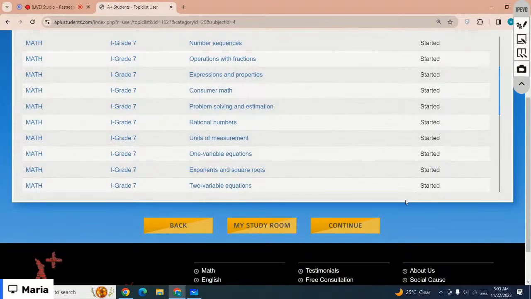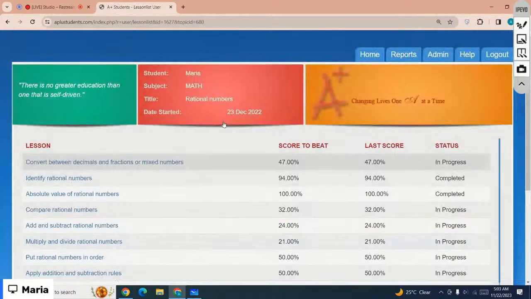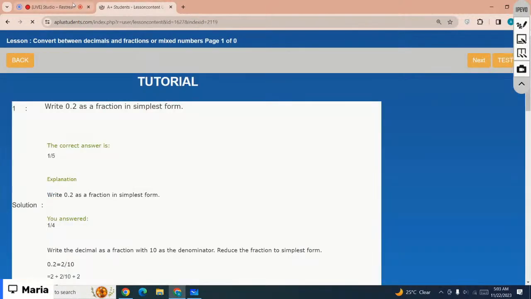Okay, here I'm on grade 7 math. The chapter is rational numbers. Let's just start with the first lesson, convert between decimals or fractions or mixed numbers.